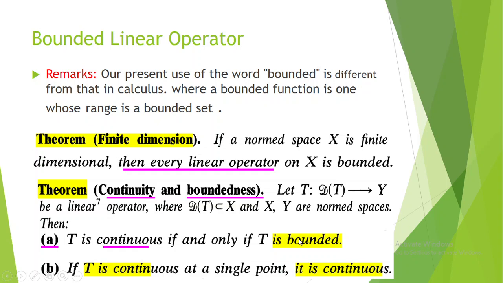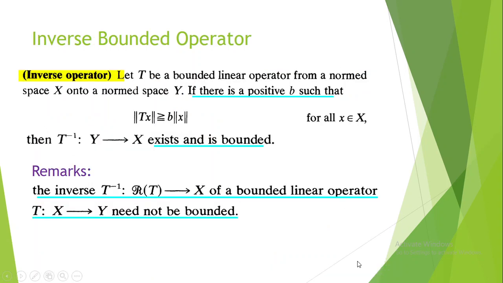And on the other hand, if T is bounded, it implies that T is continuous. Now, the second part of this property says if T is continuous at a single point, then the operator T will be continuous.